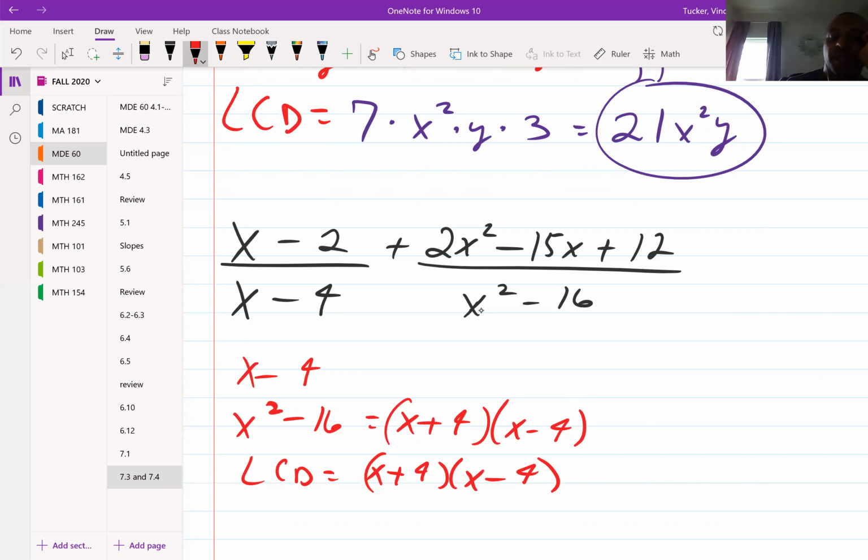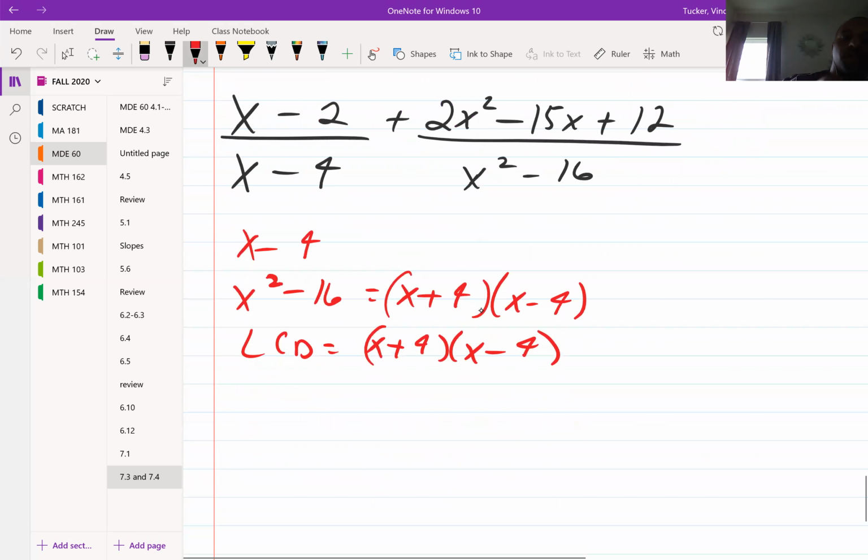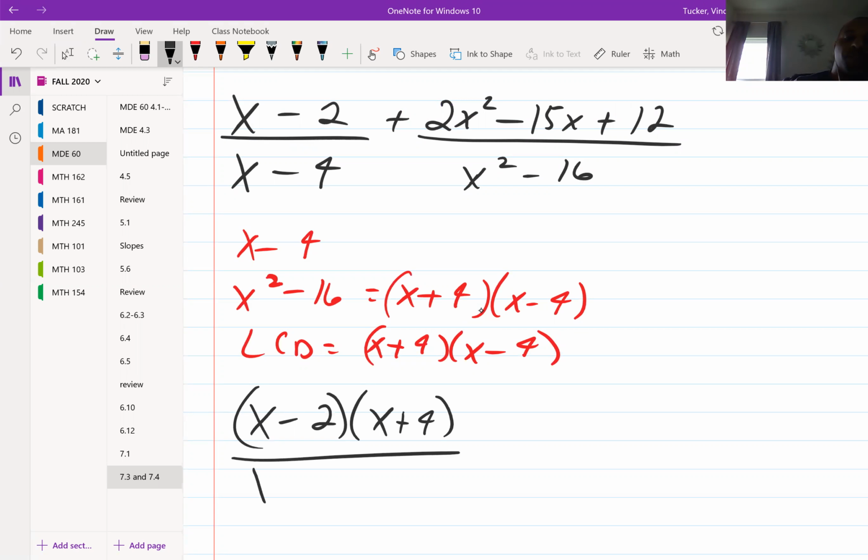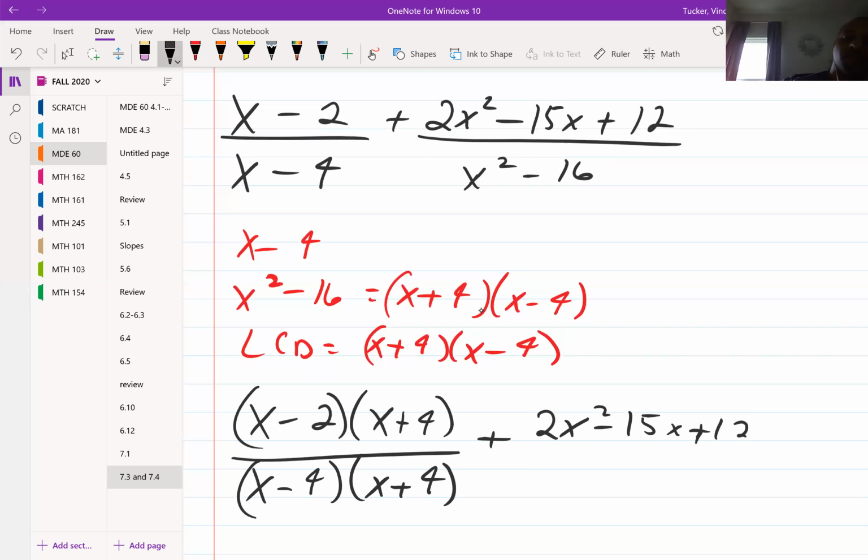We just don't write the x - 4 twice. That means I'm multiplying top and bottom of that first one by x + 4. We know that second denominator is (x - 4)(x + 4), so we don't have to change that one at all.